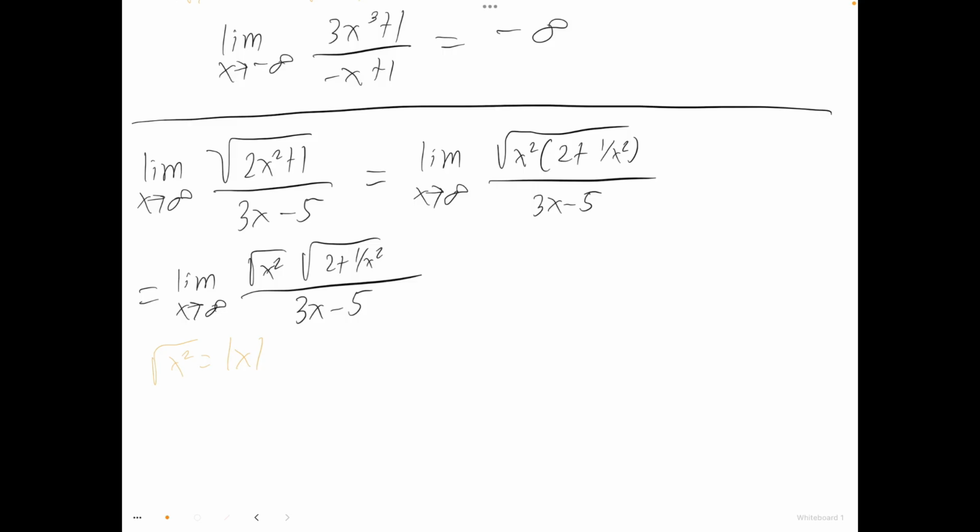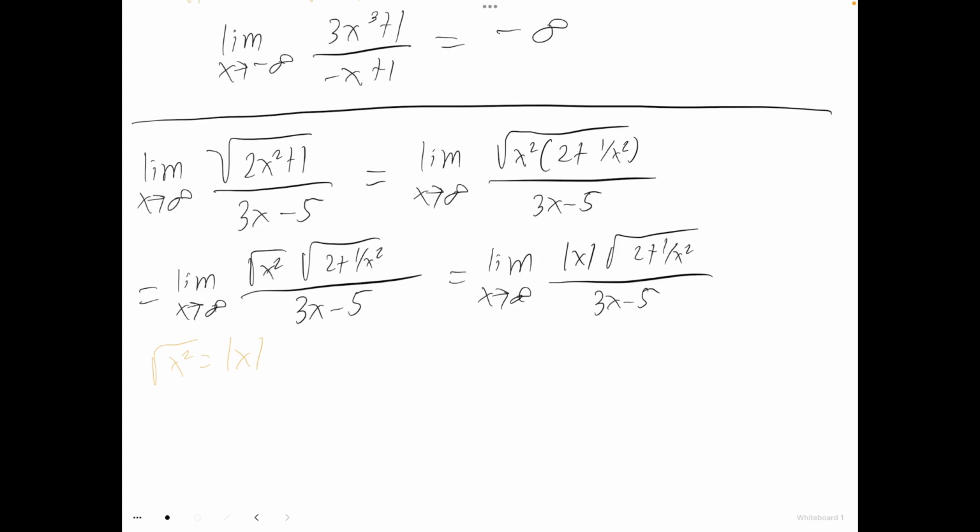But negative numbers, when they get squared, go to a positive, and then the square root function always returns a positive. And so you don't get out the right thing, you get out the negative of it, or the absolute value of the negative. And so we're going to take the limit as x goes to infinity of the absolute value of x times the square root of 2 plus 1 over x squared divided by 3x minus 5.